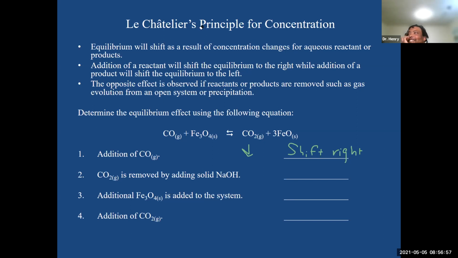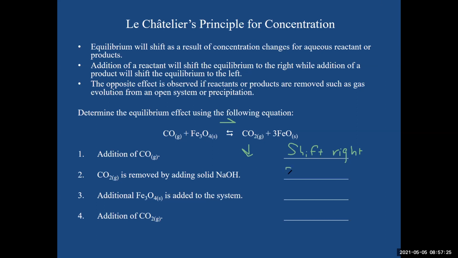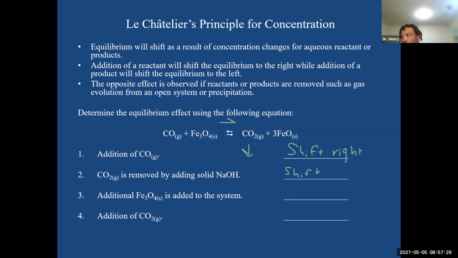Are you sure? It's going to want to supplement. So what is it going to do if it wants to supplement? Oh, it's going to end up creating more product. You're removing it out of the system. At first it's at equilibrium, and now you're removing this product, so it's going to shift the equilibrium towards the product. You've disrupted the equilibrium, so it needs to go back. It's going to shift right again.